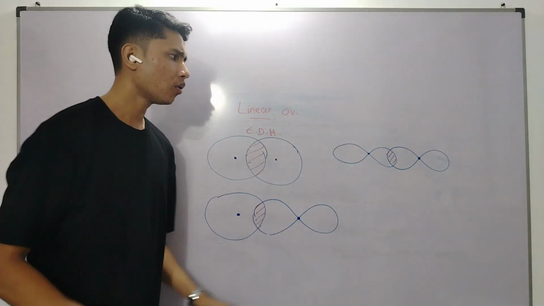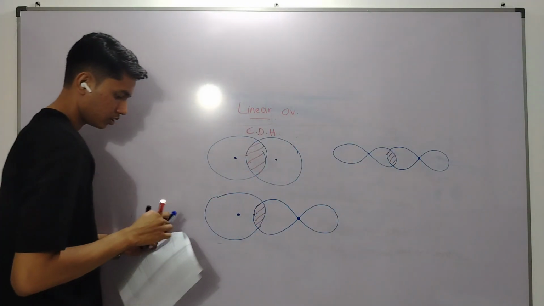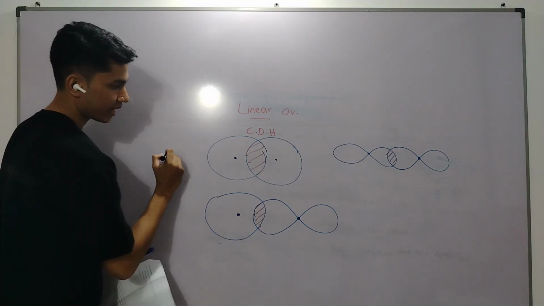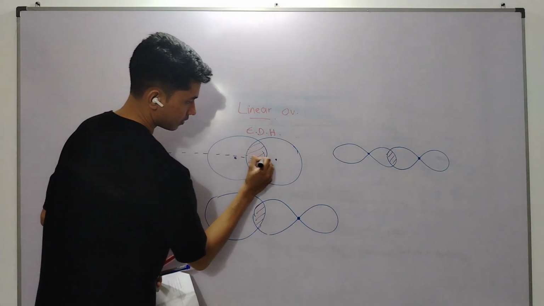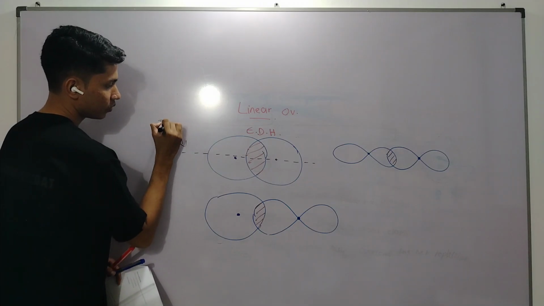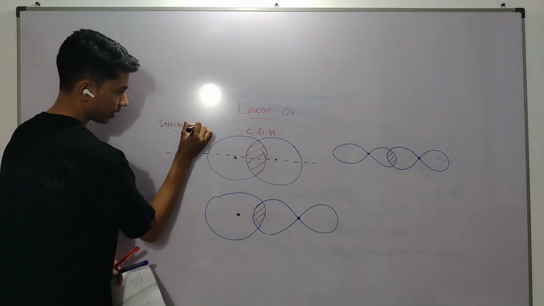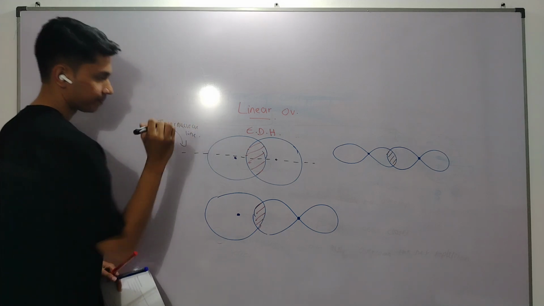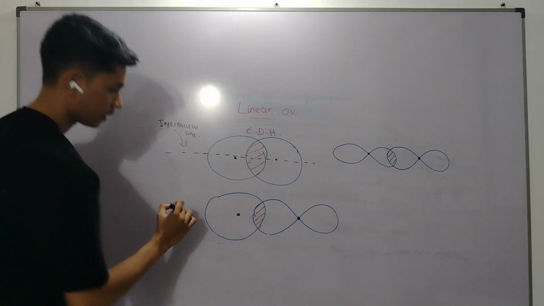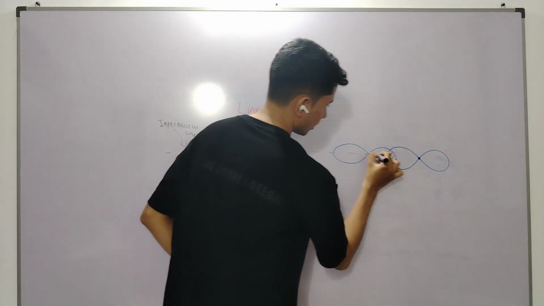So how to decide this is a linear overlapping? You draw a line between the two nuclei. Now you call this the internuclear line. Again you draw here an internuclear line, and here another internuclear line.